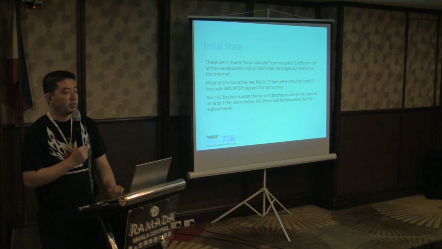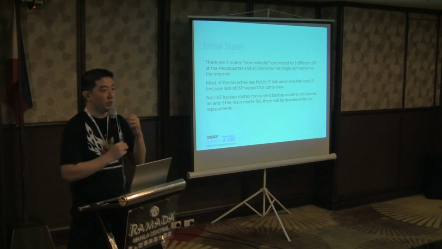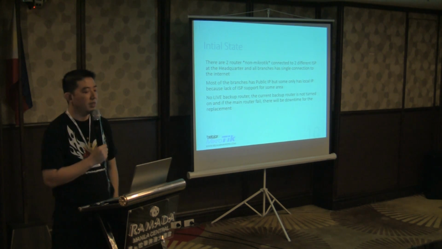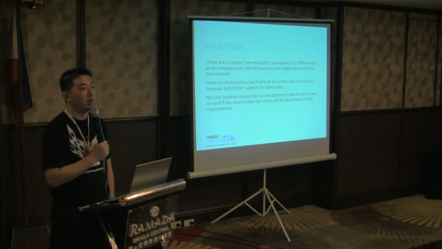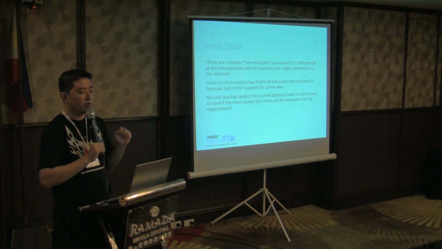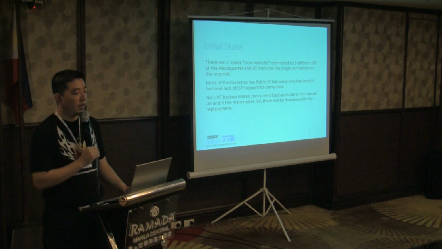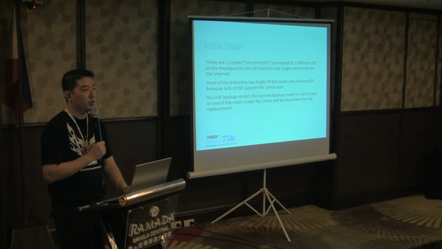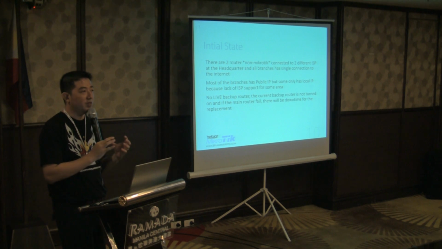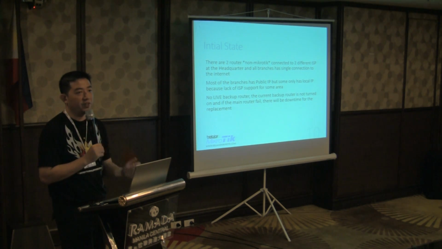Now, the initial state that we saw at the client is that there are two routers, non-MikroTik routers. There are two separate routers connected to two different ISPs, and if they want to go to another ISP, they change the IP of the laptops. So it's not very convenient for them.